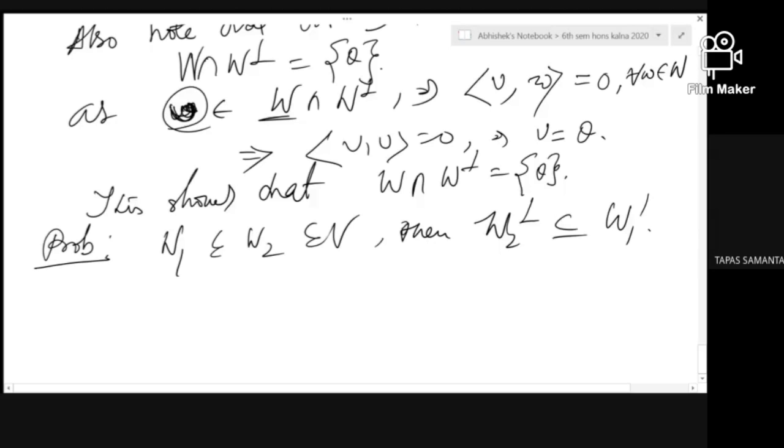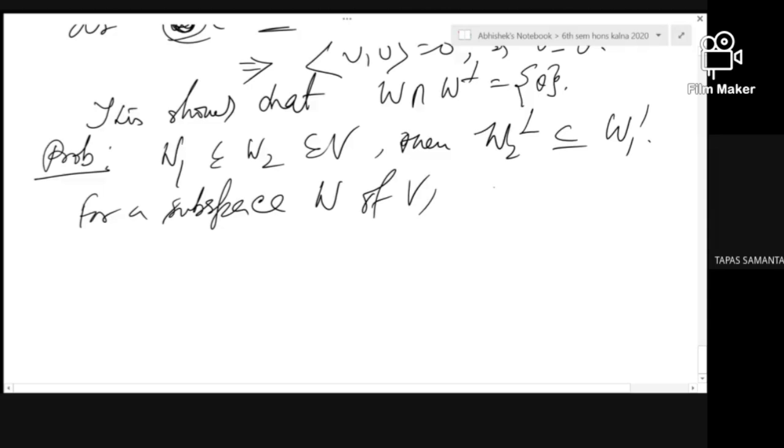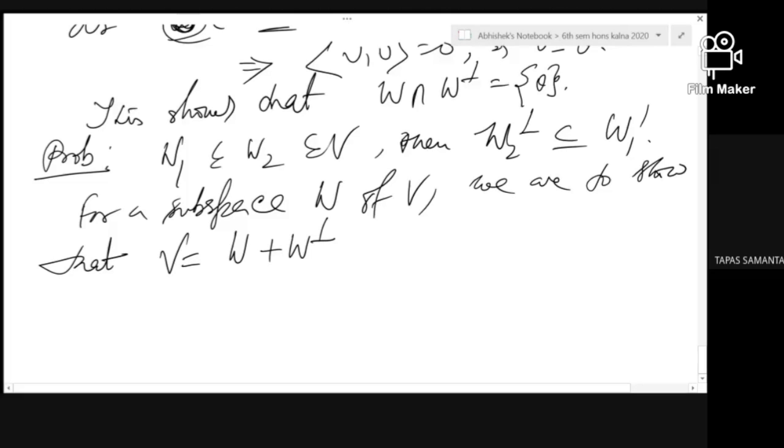And our aim is to show that for a subspace W of V, V can be represented as a sum of two members, one from W and another from W perp, as W intersection W perp is non-empty.